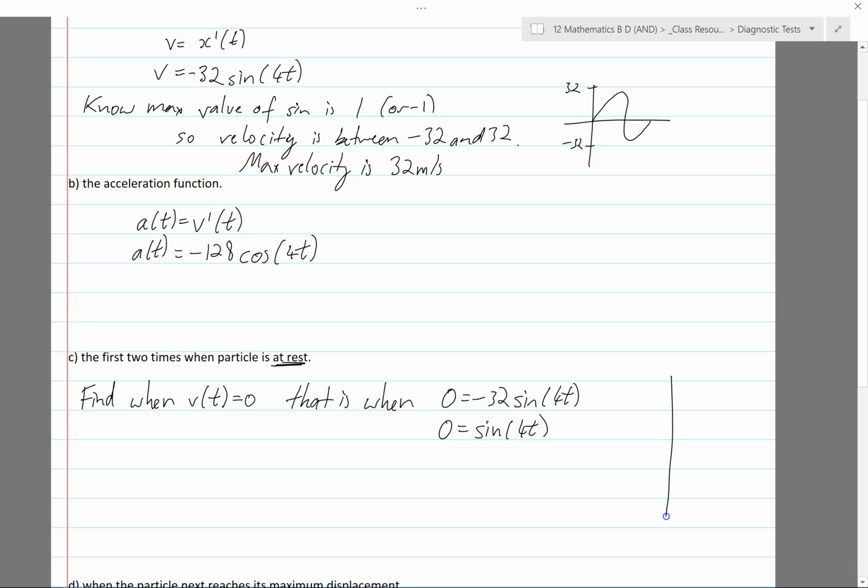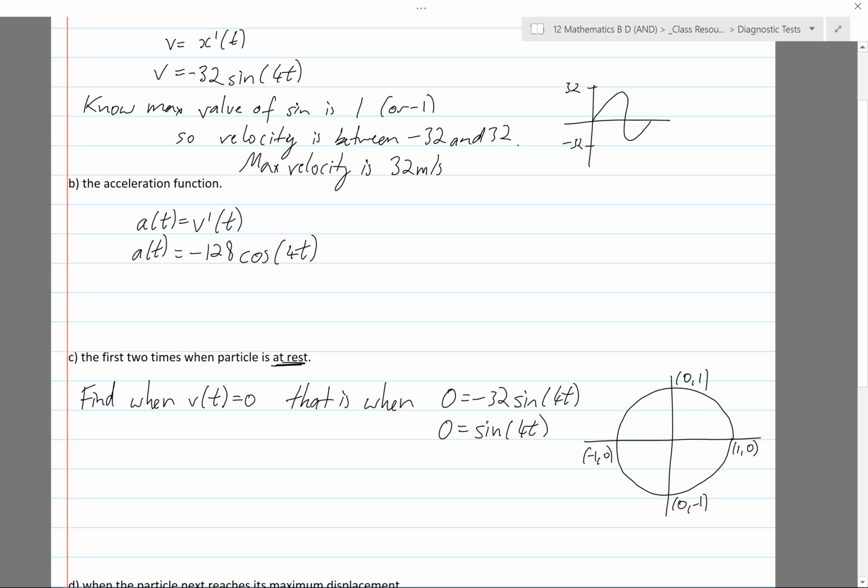And then I'm looking on my unit circle for where the y coordinate is 0. So it's 0 at 0 and 0 at pi radians. So the angles I'm going to get will be 0, pi, so here, here, and then I can go around again, 2 pi, etc. Okay, but remember, this isn't the time, this is 4 times the time, because that's the angle that I'm trying to find.